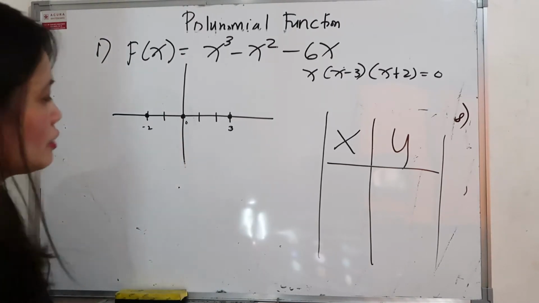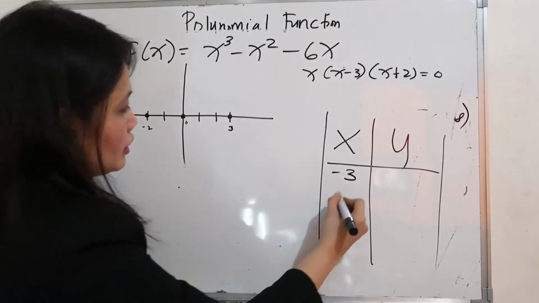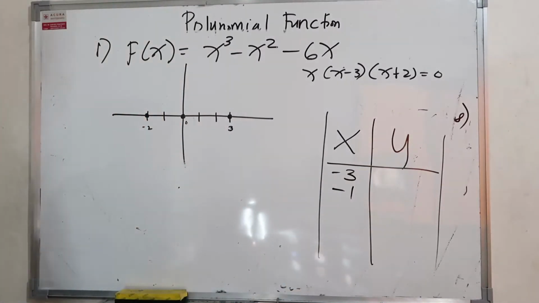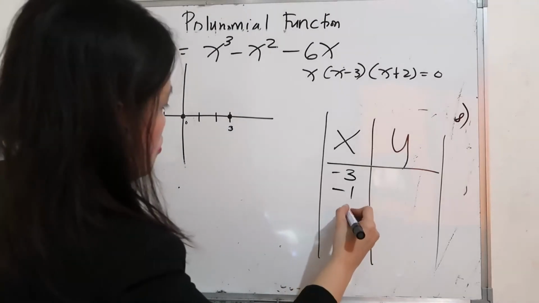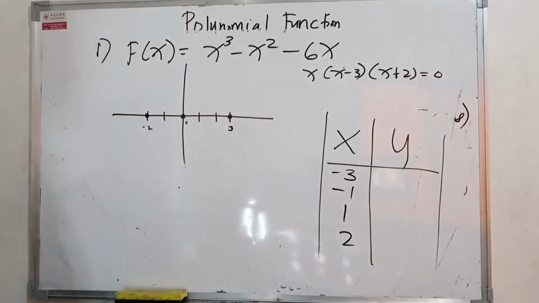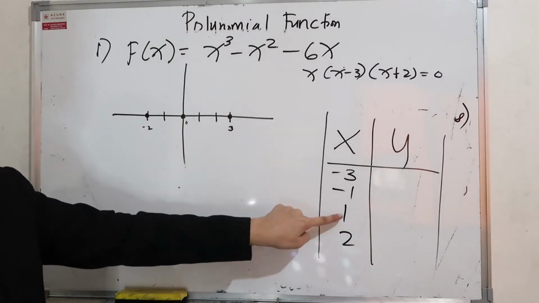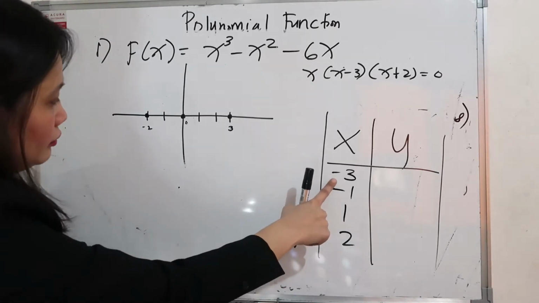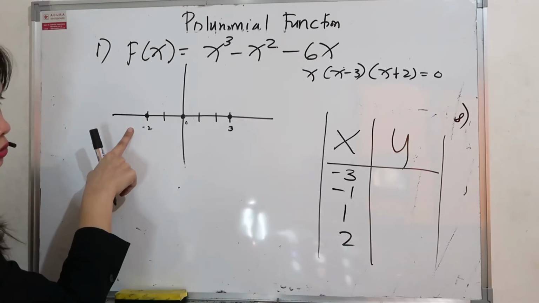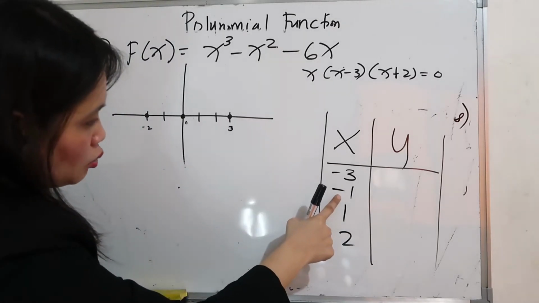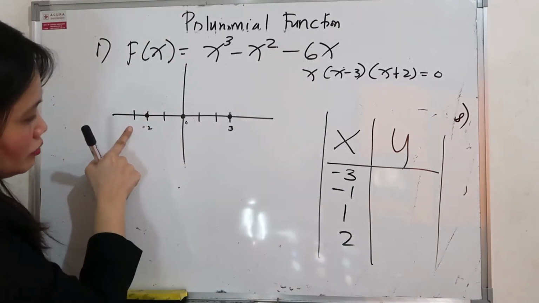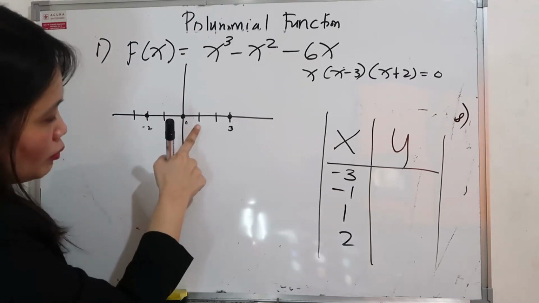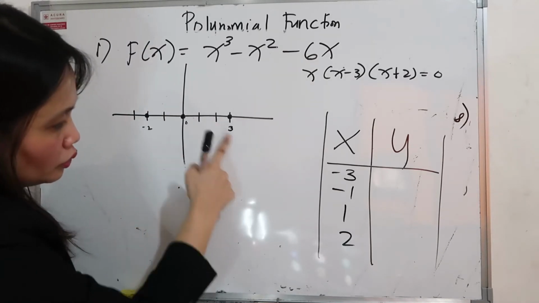Let's say we have negative 3, negative 1, and then 1 and 2. So what is the value of y?